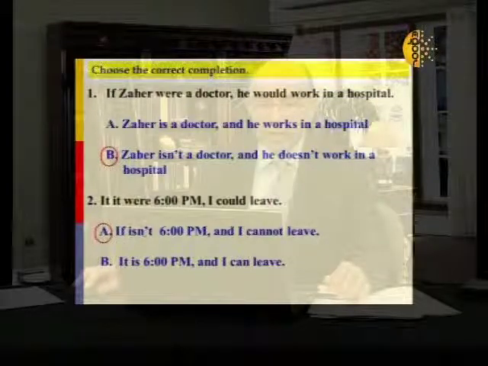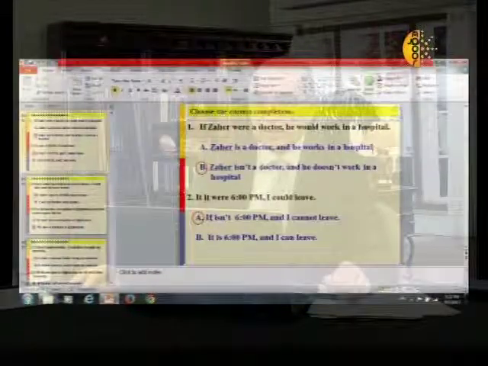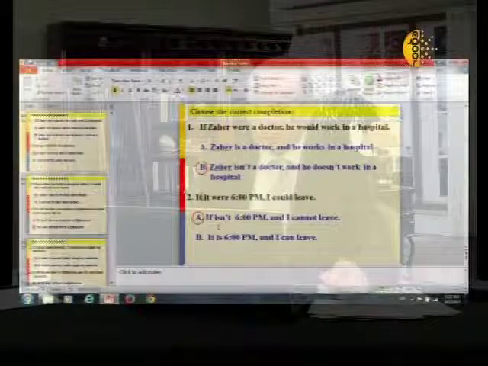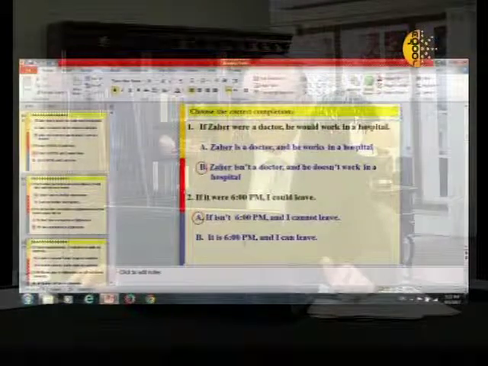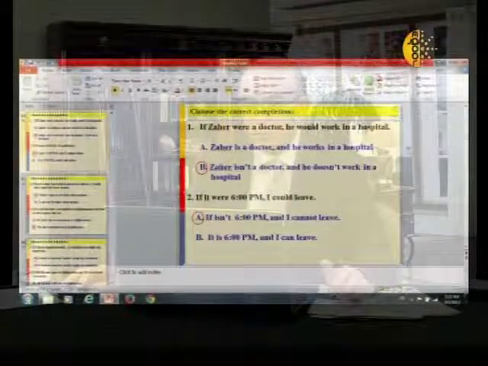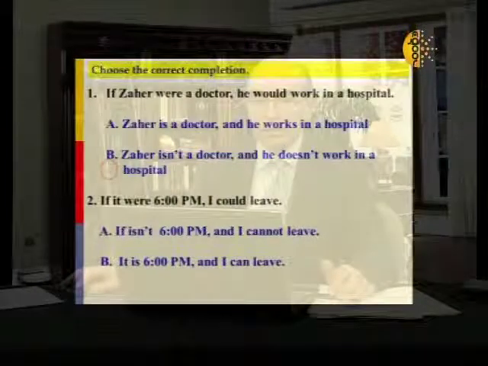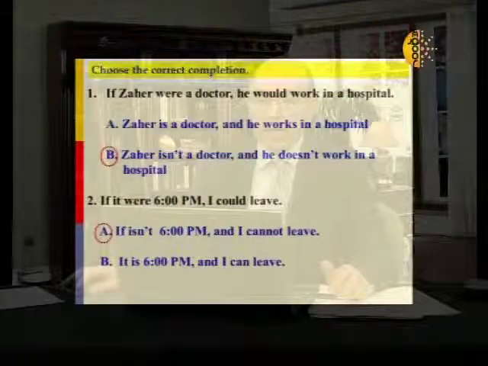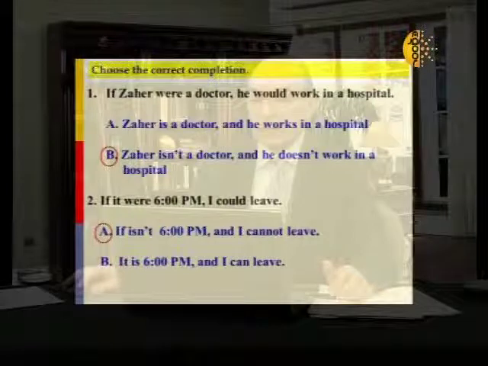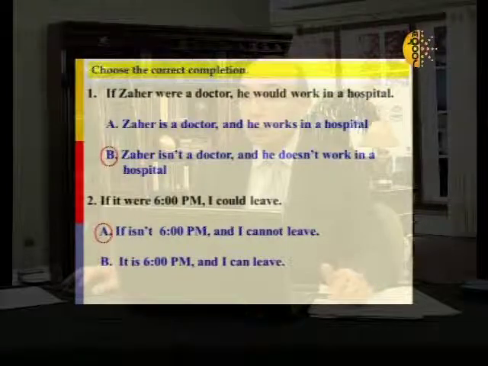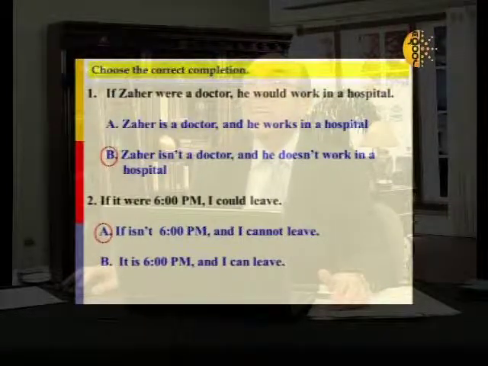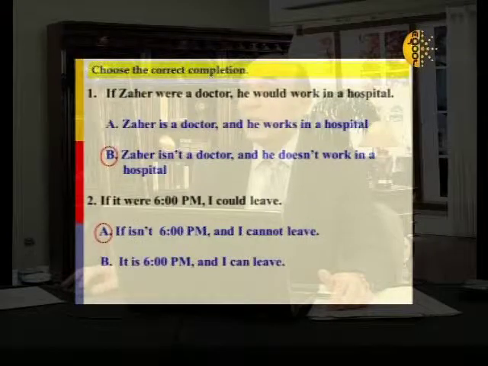So that's what? Again, I couldn't fix it for some reason. Here, it's fixed now. It better be. Yes, it is fixed. If it were 6 p.m., I could leave. Means it isn't 6 p.m. and I cannot leave.